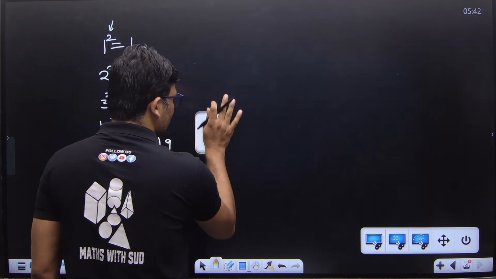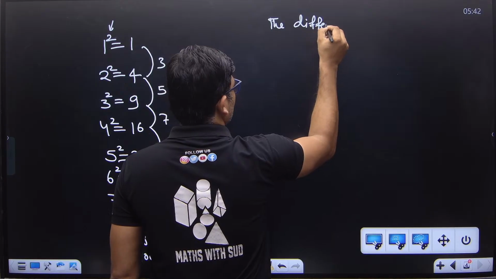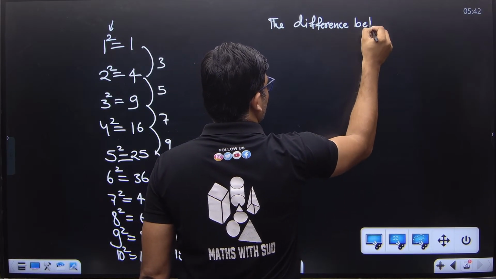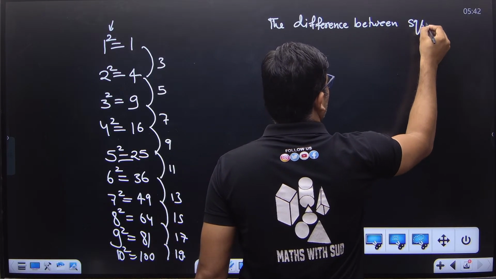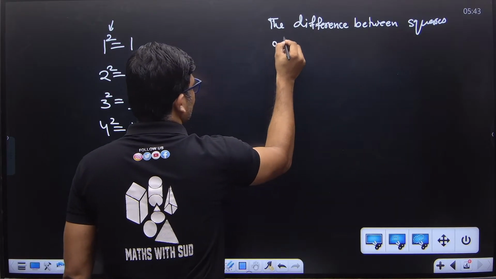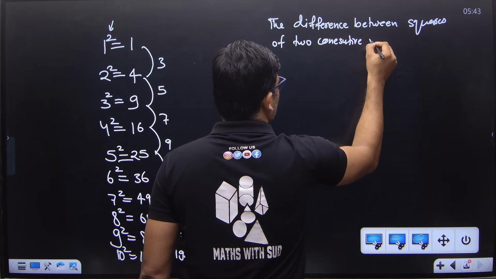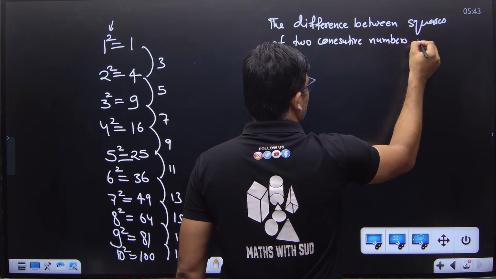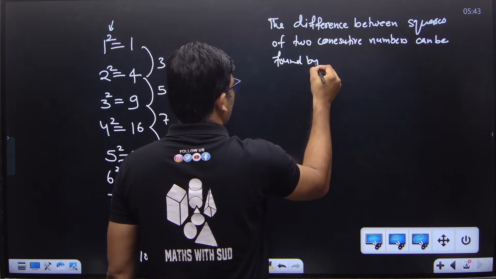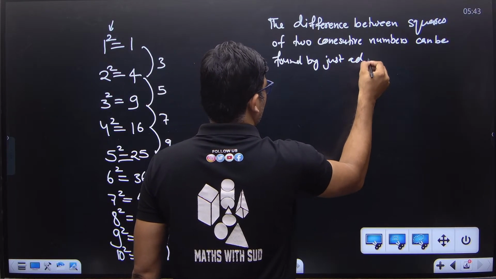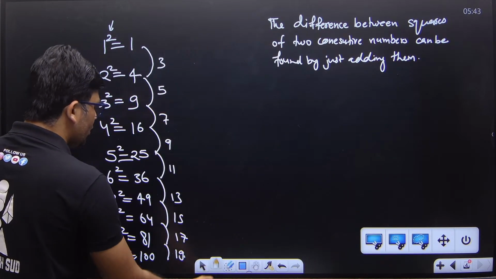So the difference between two consecutive squares can be calculated just by adding the numbers. And you can write this down. The difference between two squares of two consecutive numbers can be found by just adding them, and it is always an odd number.